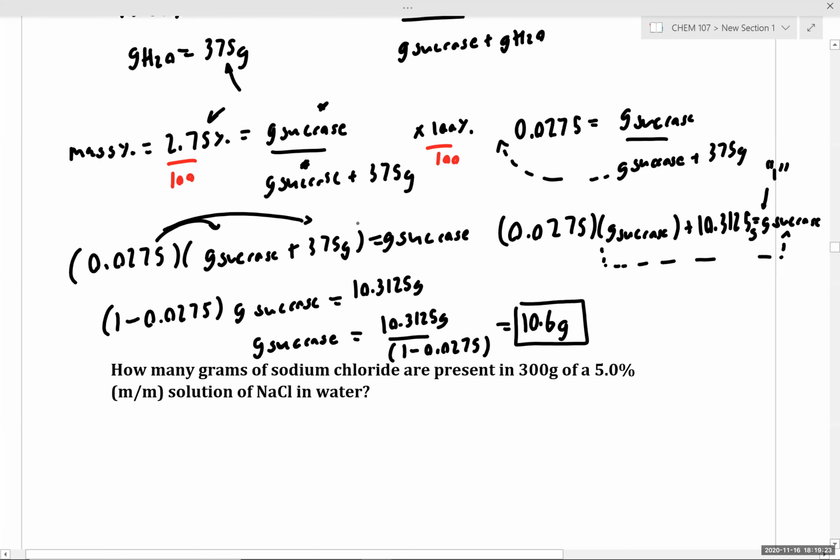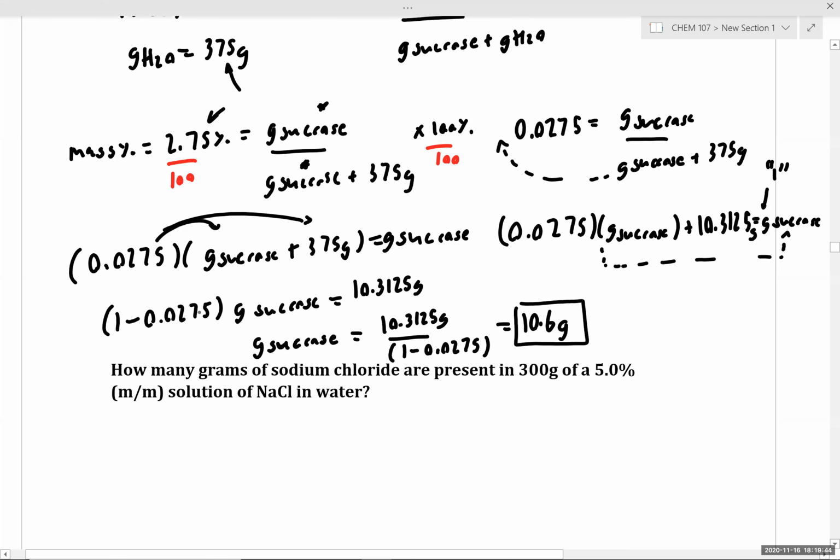So we took 0.0275 times 375, and that gives us 10.3125.